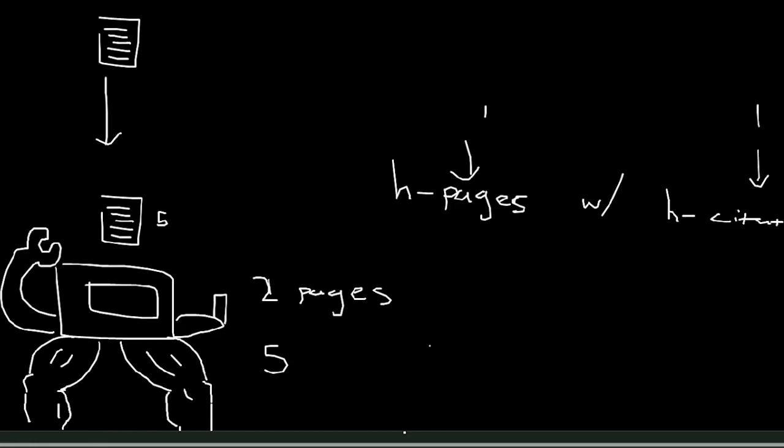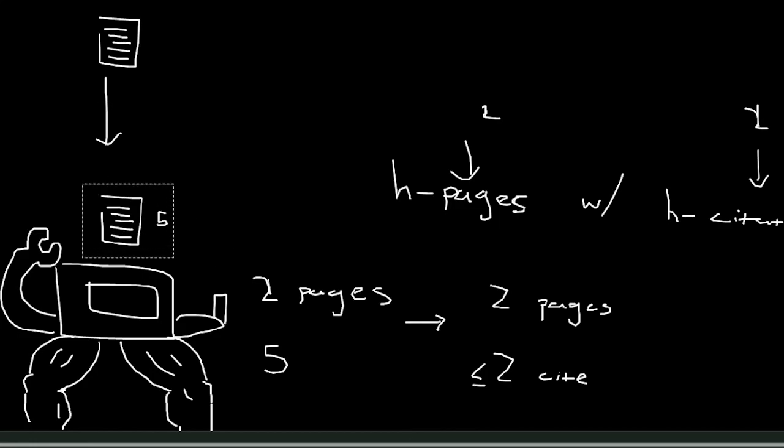In other words, we can also say that we have 2 pages and each one of them has at least 2 citations. So in this case, we'll be using 2 as our H value after we encounter 2 of these papers.